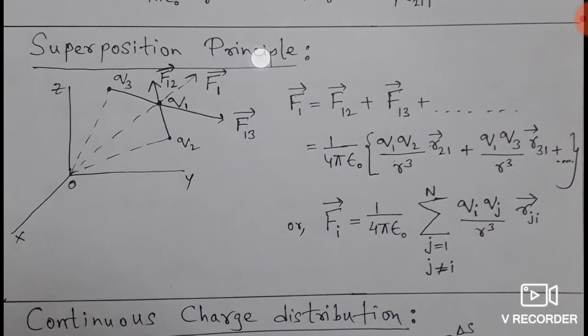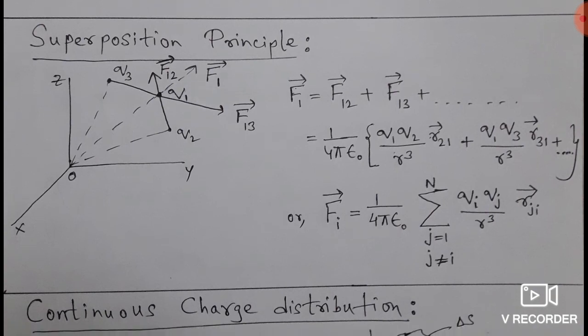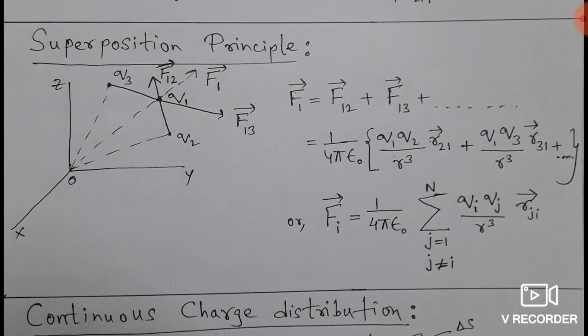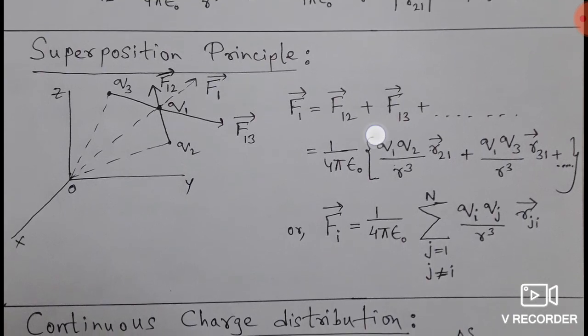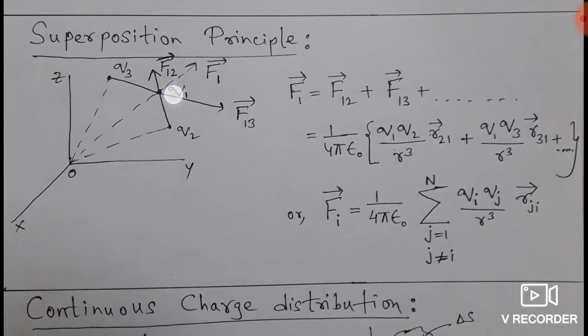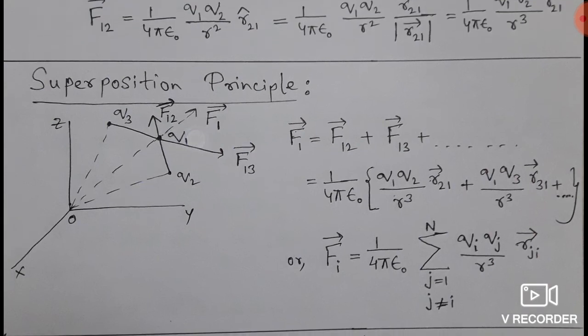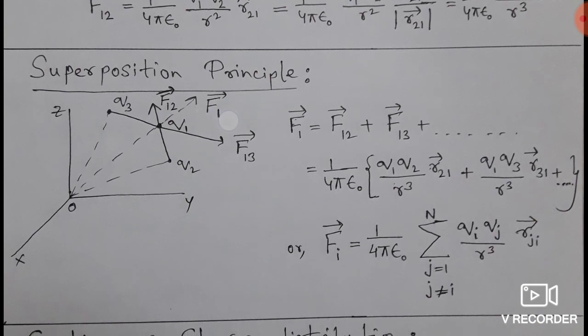Coulomb's superposition principle states that the force on any one charge due to all the charges placed close to each other will be equal to the vector sum of all the forces acting on it. So let us consider the force on Q1, the net force on Q1 be F1, the total force on Q1 be F1.